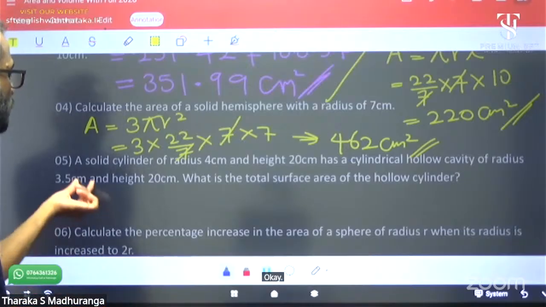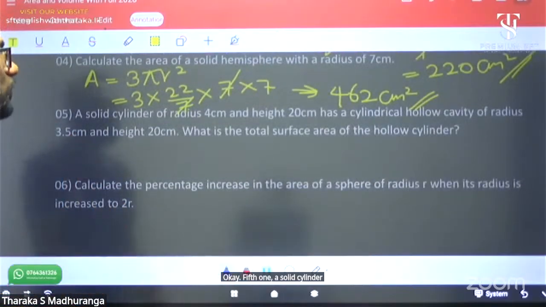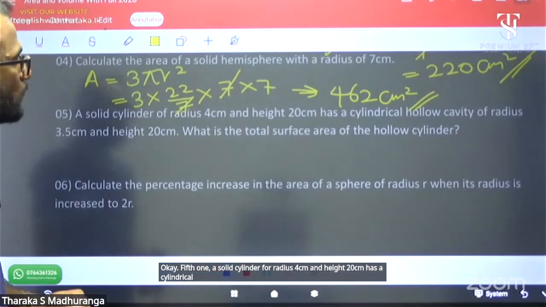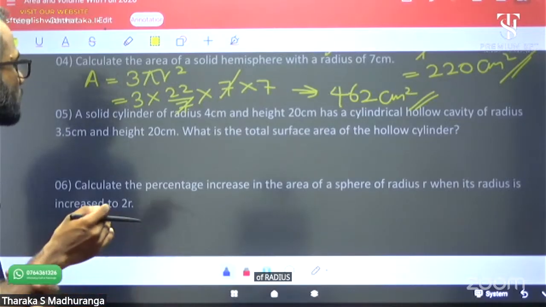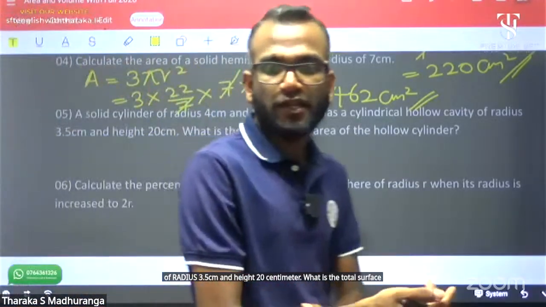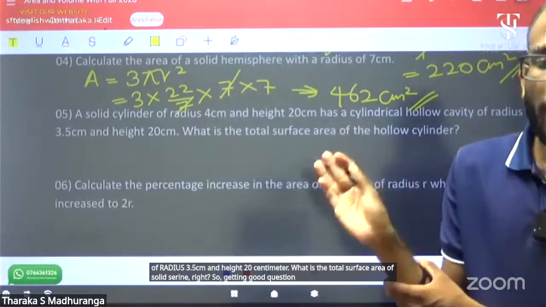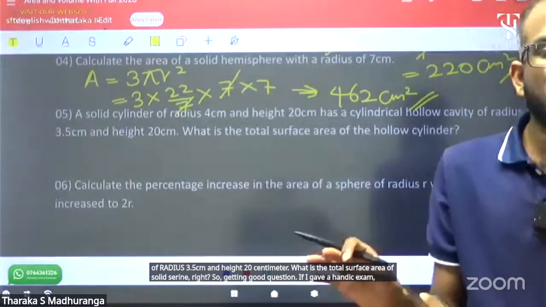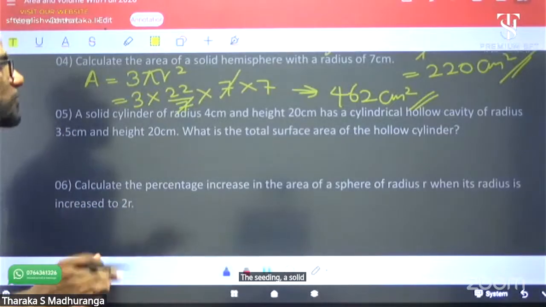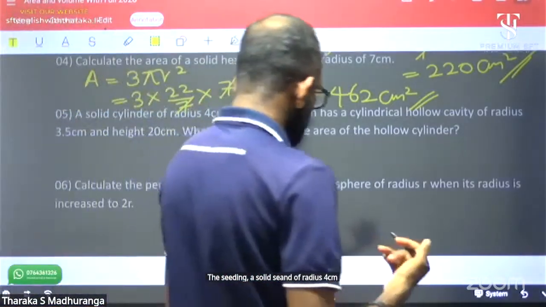Okay. Fifth one: a solid cylinder of radius 4 centimeter and height 20 centimeter has a cylindrical hollow cavity of radius 3.5 centimeter and height 20 centimeter. What is the total surface area of the solid cylinder? It's a very good question. This type of question is asked in the exam. A solid cylinder of radius 4 centimeter and height 20 centimeter.